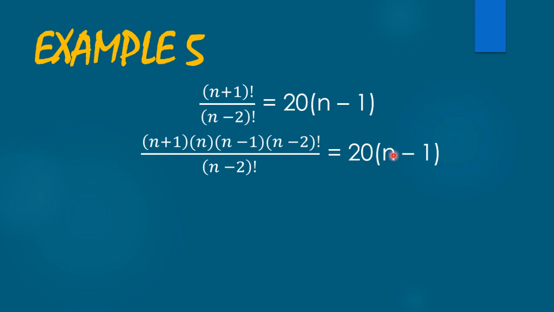So what we are going to do is multiply the whole equation by 1 over n minus 1 to eliminate the n minus 1 on both sides. So our n minus 1 will be cancelled, using the multiplicative inverse.